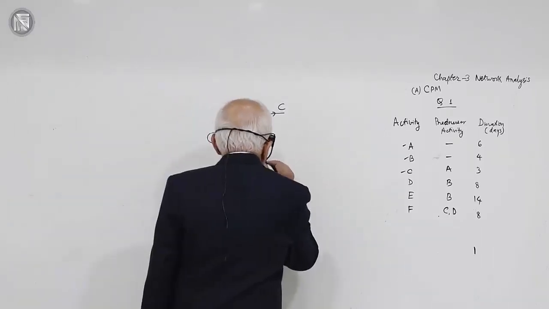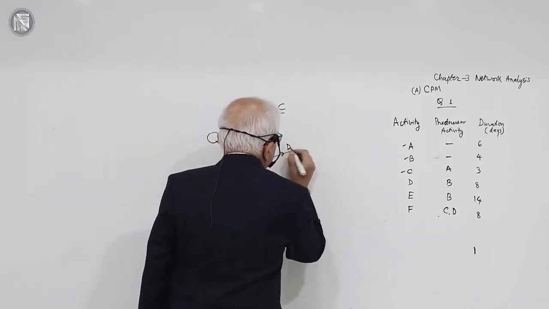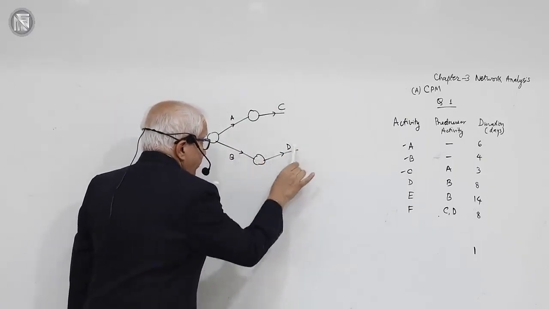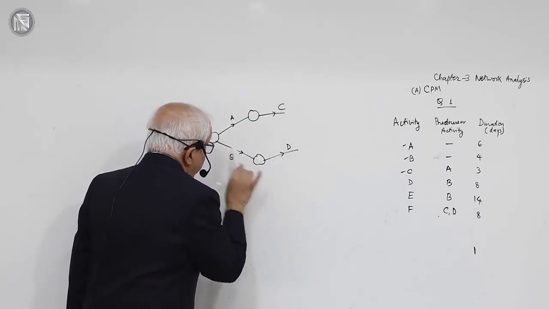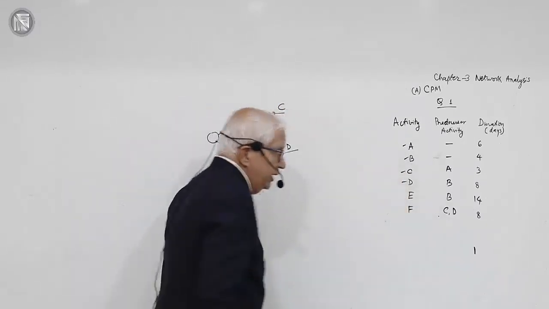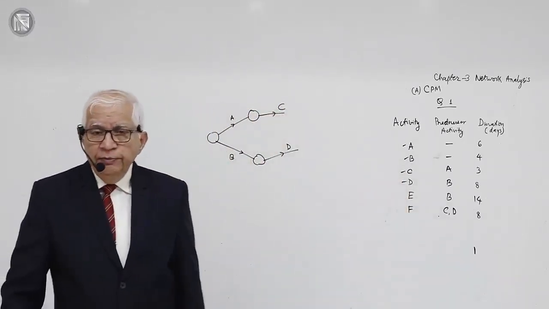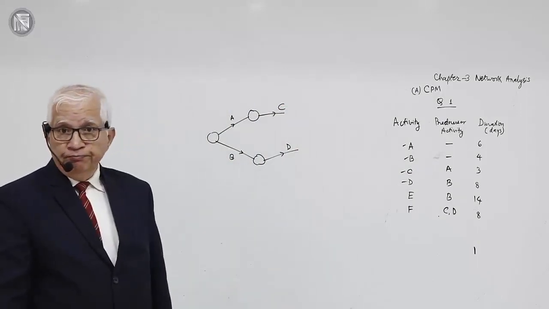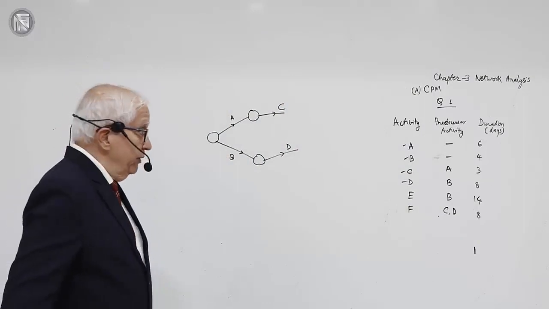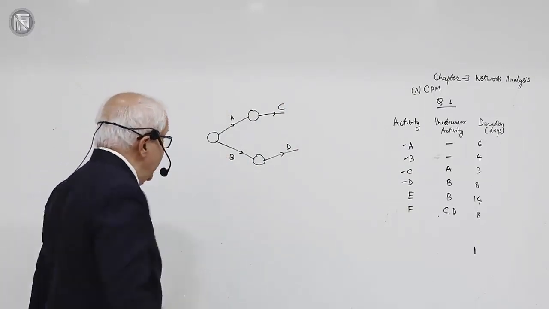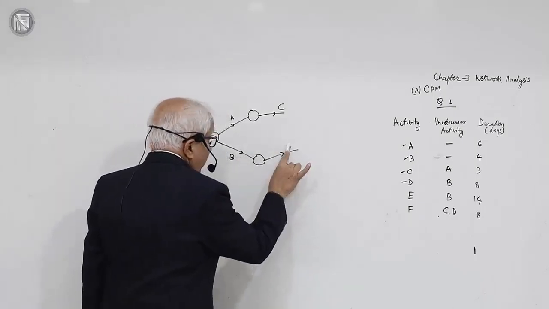So I draw here D. This is the start event for activity D. This is the end event for activity B. Okay. D is drawn. Then E also depends on B. Activity E also depends on activity B. That means this activity B controls two activities.